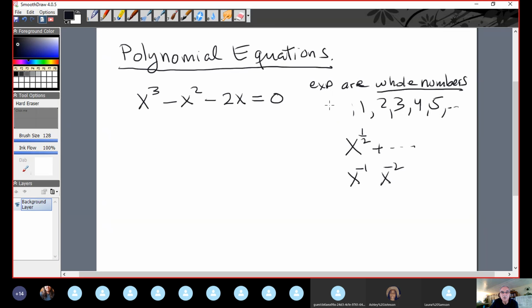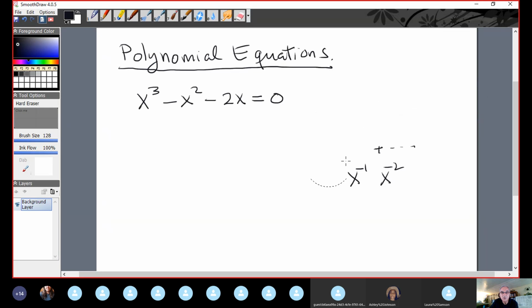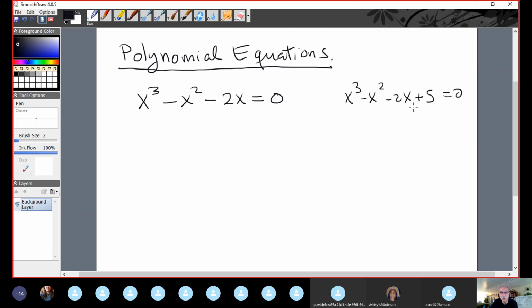Look at the organization. Degree is the exponent: degree 3, degree 2, degree 1, and degree 0 is missing. Suppose another example that we have x cubed minus x squared minus 2x plus 5 equal to 0.